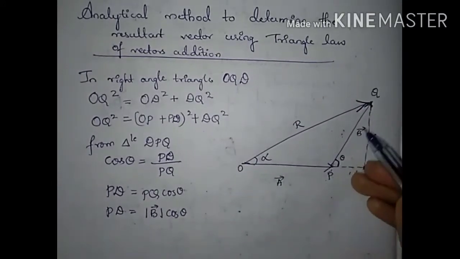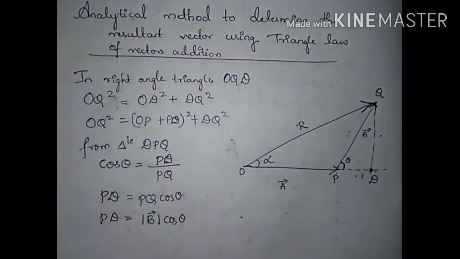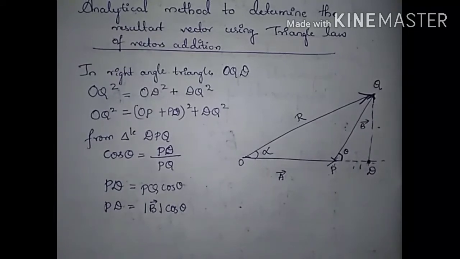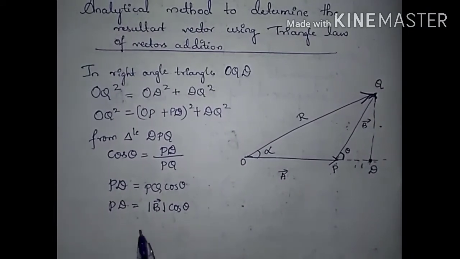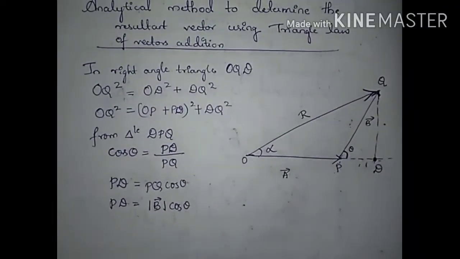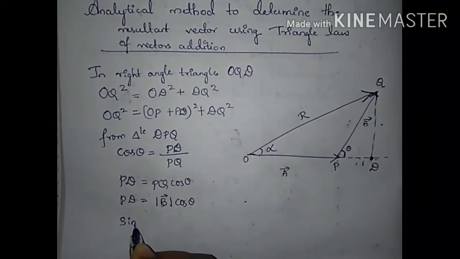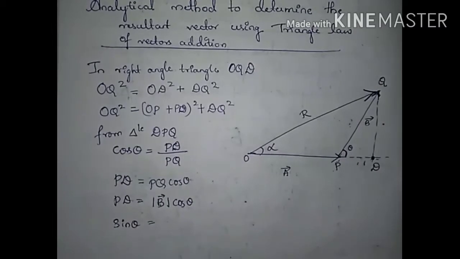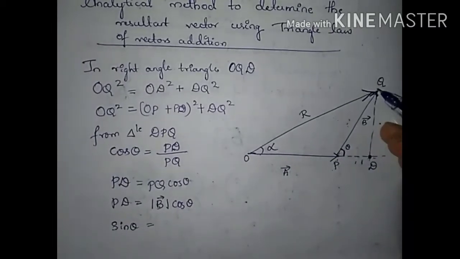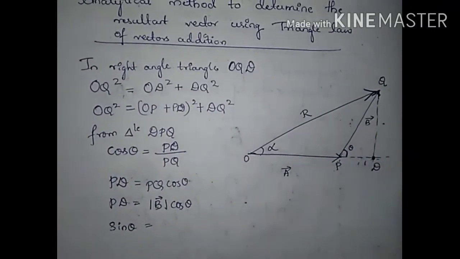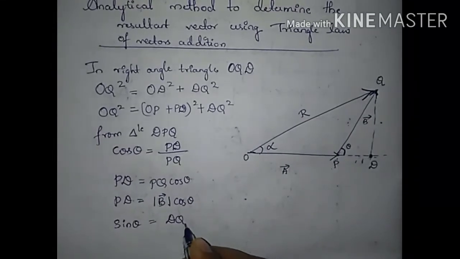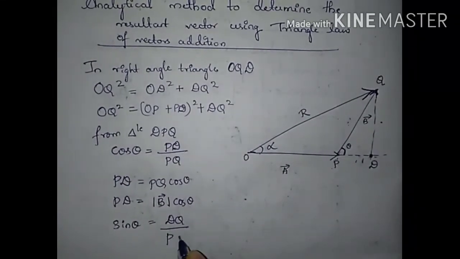So here PQ gives you the vector B. Now if you consider sin theta, it will be DQ divided by PQ.